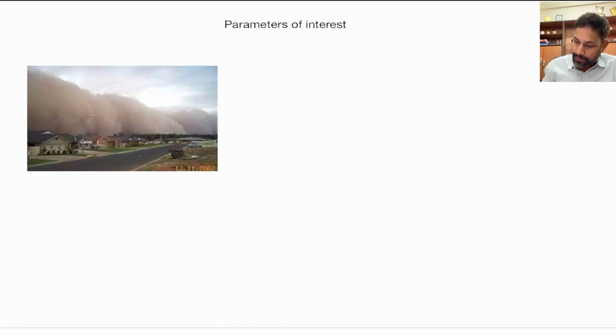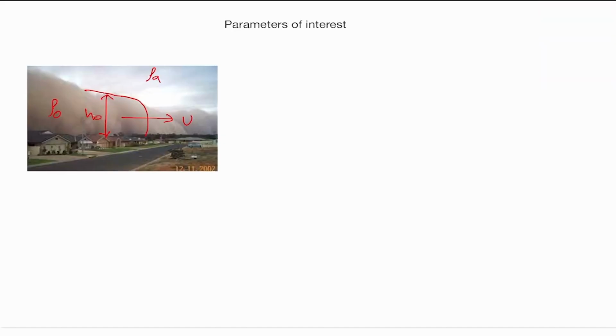Okay, so again, this is the same example where we assume this is the gravity current which is flowing in this direction, and let's assume this has a velocity u naught, and it may have a height of h naught and has a density of rho naught, where ambient density is rho a. So here are a few things that we are interested in.